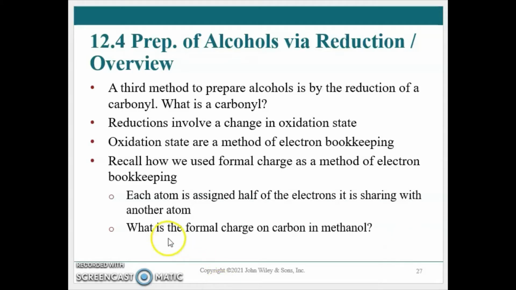When we learned to calculate formal charge, there were two things we needed to do. One was to look at the periodic table and see the correct number of valence electrons for the atom we were looking at. The other was to look at each bond and split the electrons equally between the bonded atoms, equivalent to homolytic bond cleavage.